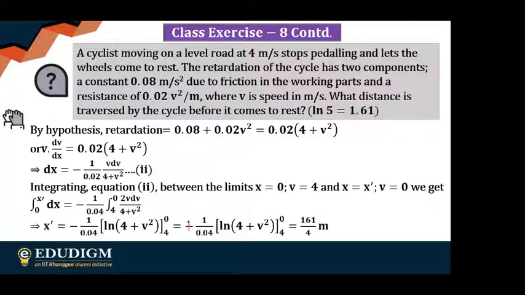Suppose I'm taking this as plus. So this is 4, and this is becoming 0. All right. So what is this? I put 4, I get ln 20 minus I put 0, I get ln 4.